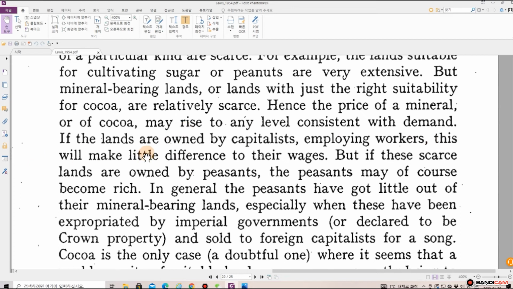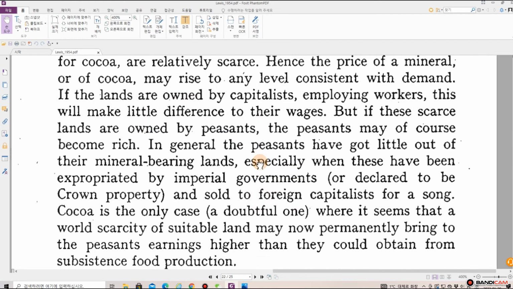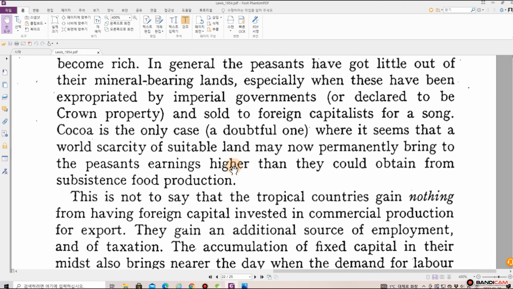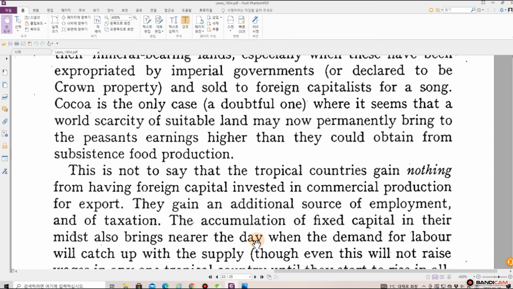If the lands are owned by capitalists employing workers, this will make little difference to their wages. But if these scarce lands are owned by peasants, the peasants may of course become rich. In general, the peasants have got little out of their mineral-bearing lands, especially when these have been expropriated by imperial governments or declared to be crown property and sold to foreign capitalists for a song.